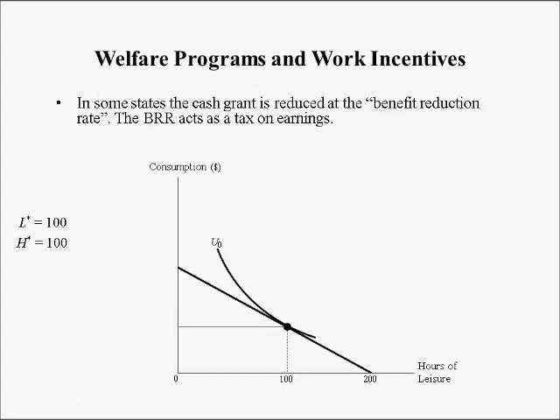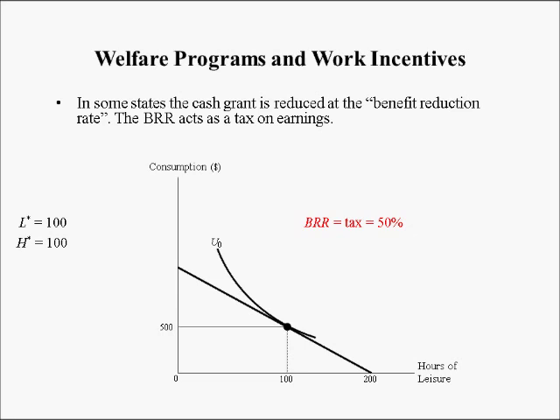In the following diagram, we're going to demonstrate how a benefit reduction rate acts as a tax in reducing low-income single mothers' employment. Now, in the diagram below, the employee is working 100 hours a month because their leisure is 100 hours a month. 100 times 5 is $500 in earnings.